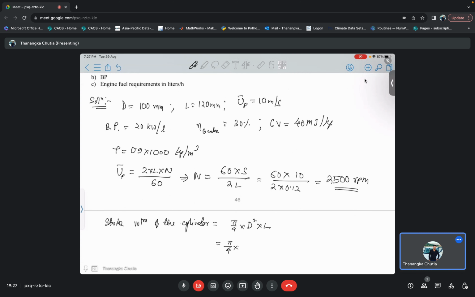Pi by 4, d is 0.1 whole square, L is 0.12.